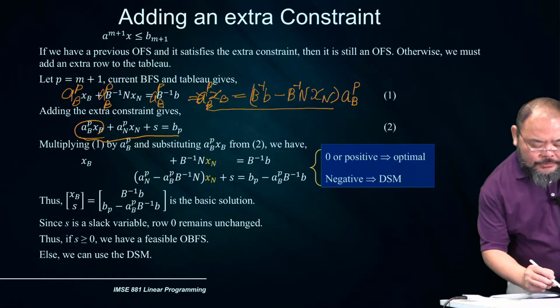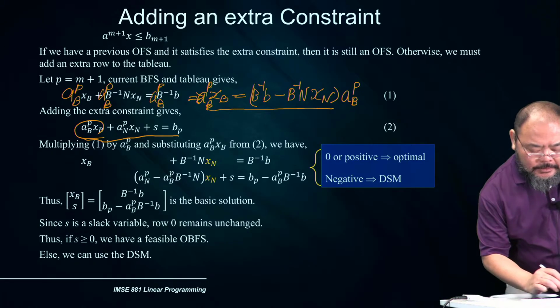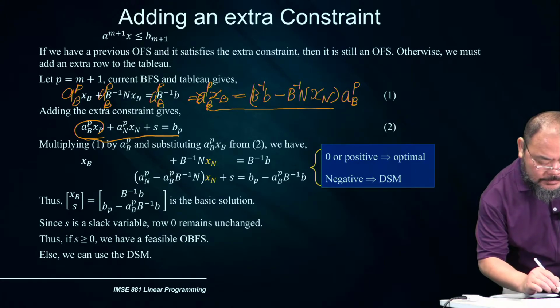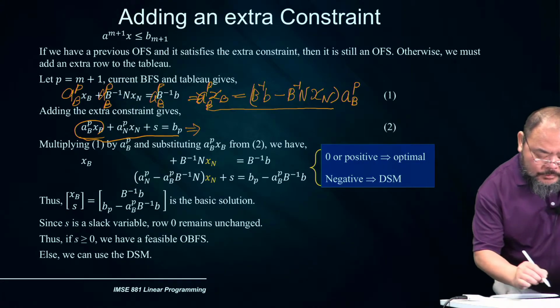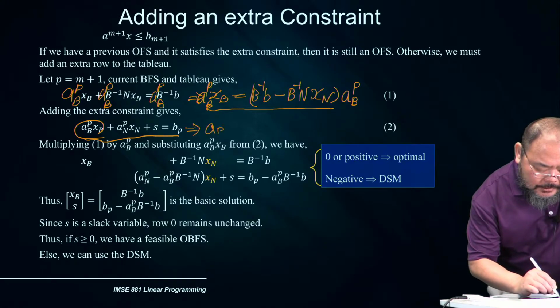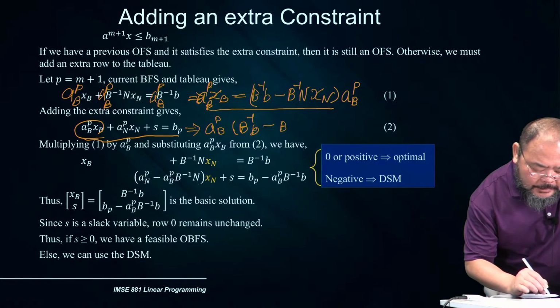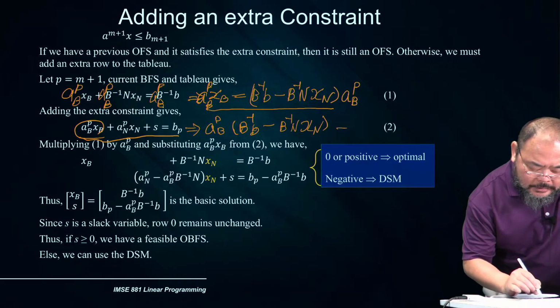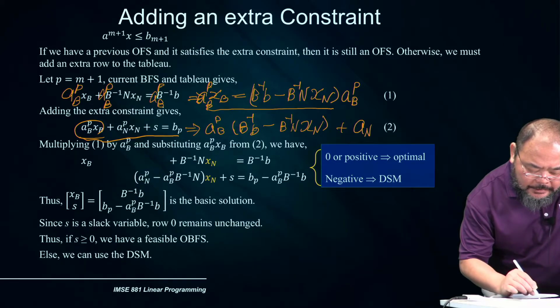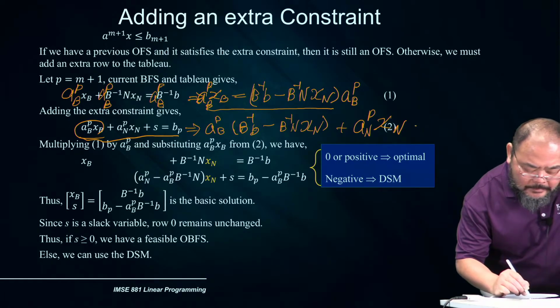Then I'm going to collect only the xN in the left-hand side. So this will be a B p times B inverse times b, right-hand side b, minus B inverse times N times xN, plus a N p times xN, plus s equals b p.